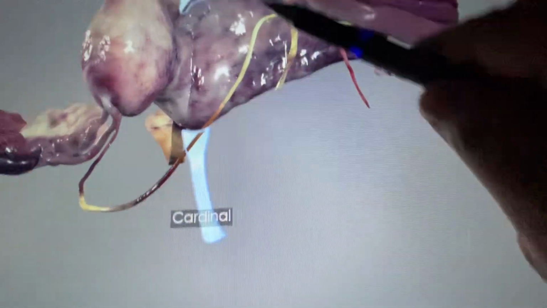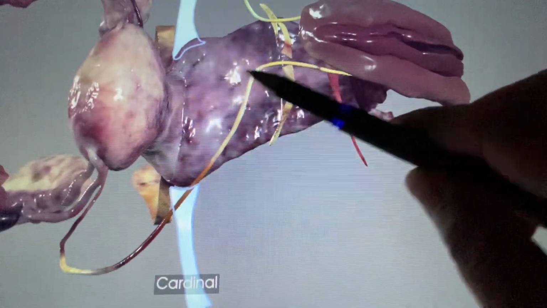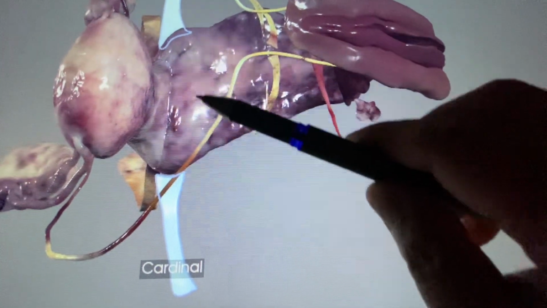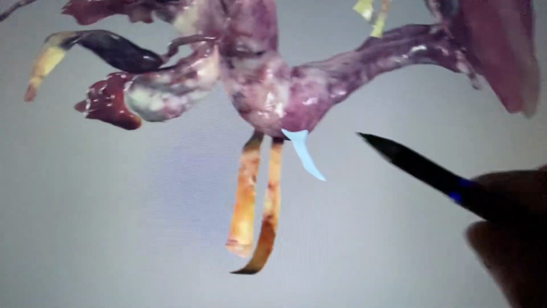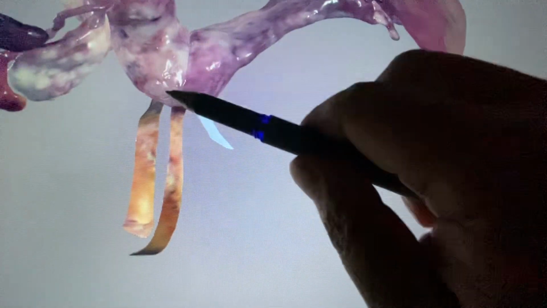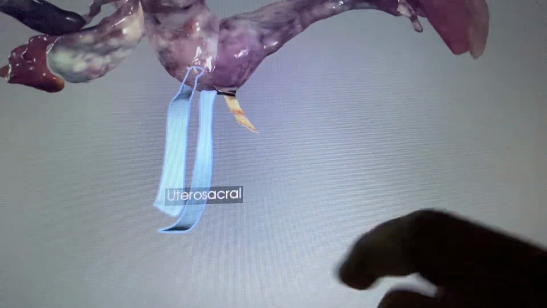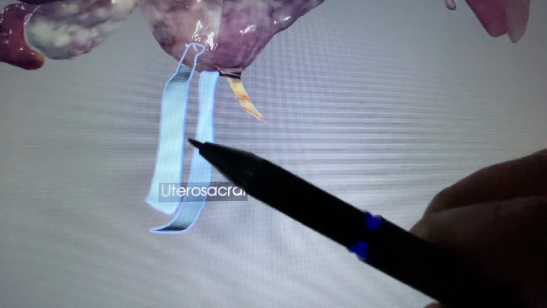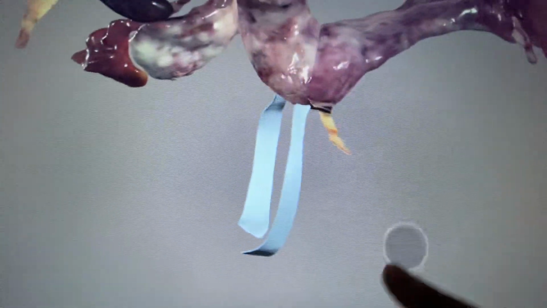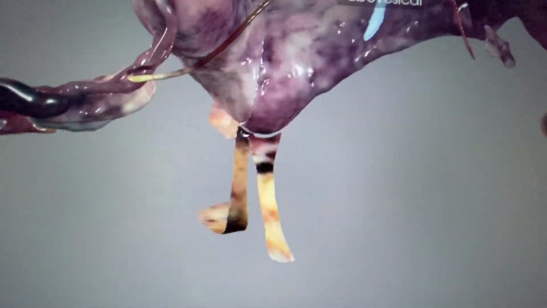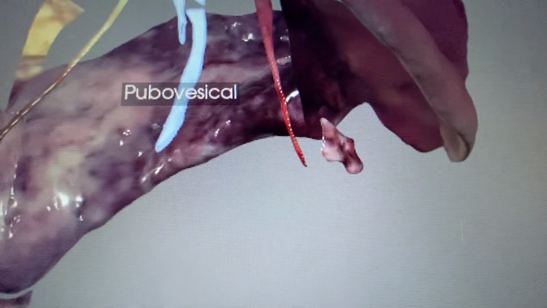Cardinal ligament supports the vaginal canal here, laterally on the left and the right. If you look behind the vaginal canal, and also near the area of the cervix, you have your uterosacral ligaments. And then, of course, in the front, your pubovesical.